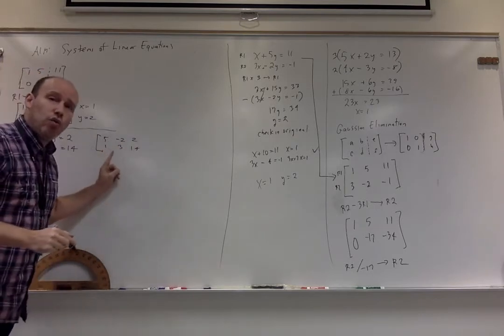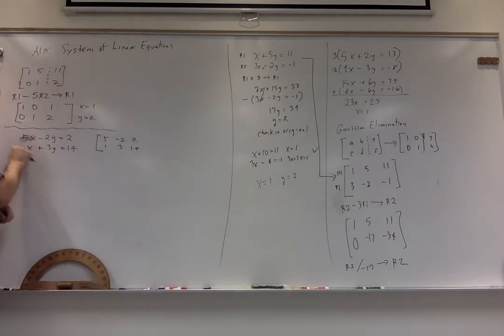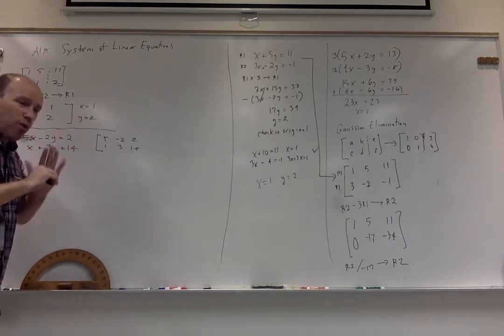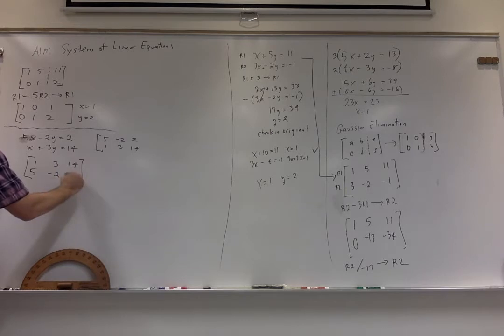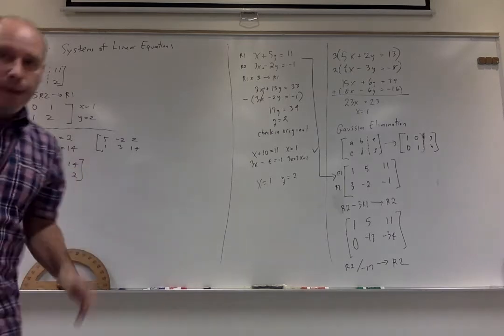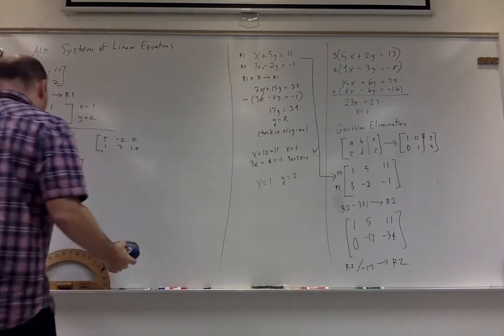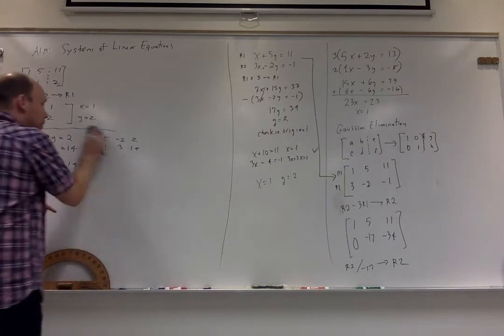I'm going to tell you, put the equation that has the x with the 1 as the first equation. So we're going to write 1, 3, 14, 5, -2, 2, because we want to get the 1, 0, 0, 1.